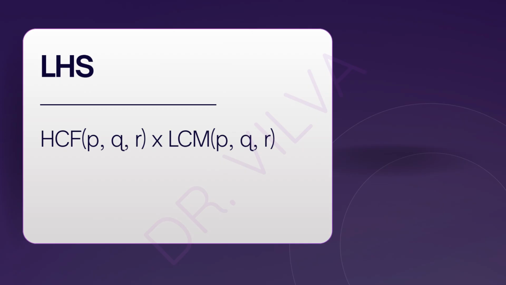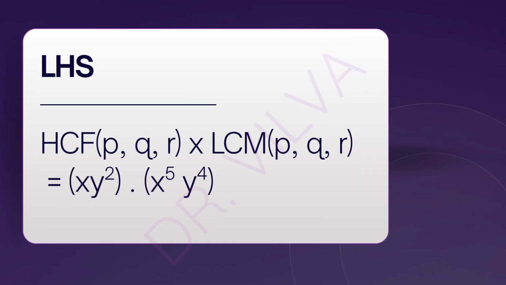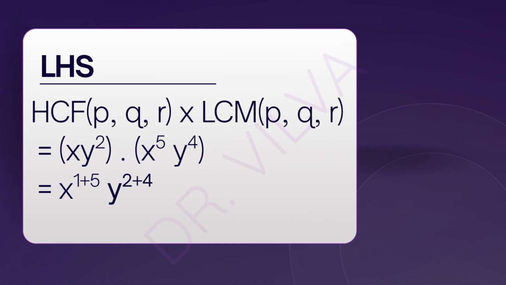Let us find the LHS part first. HCF times LCM, which is x y square times x power 5 into y power 4. When we multiply these terms, we add the exponents. So, x powers are 1 and 5.